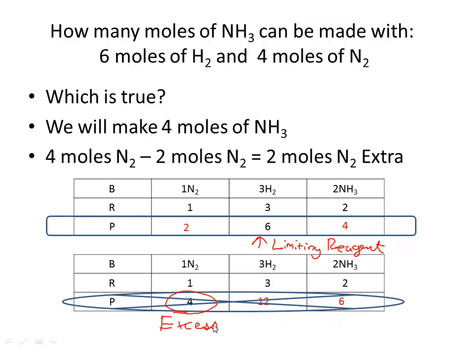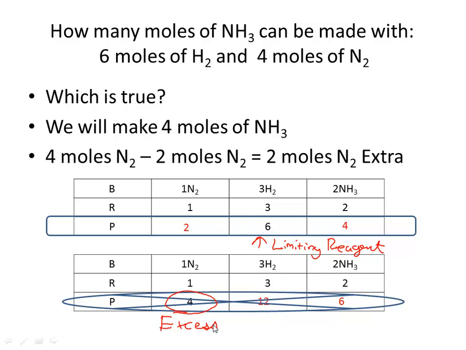Think about it this way, guys. If I'm making grilled cheese sandwiches, and I have a whole loaf of bread, but I only have 1 slice of cheese, how many sandwiches can I make? I can only make 1. What do I have in excess? I have excess bread. I just have leftover bread. It's still there, but I'm not going to use it all.